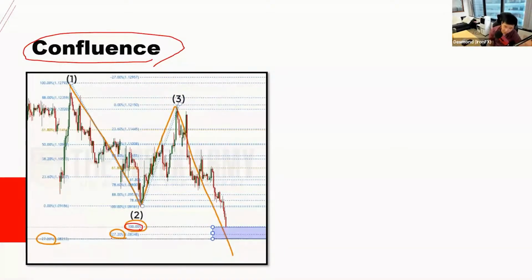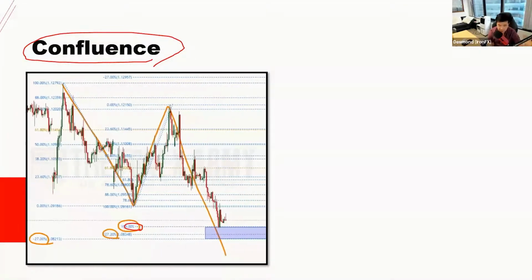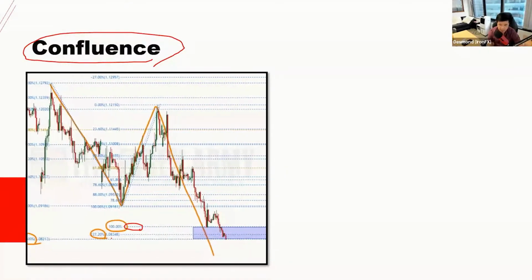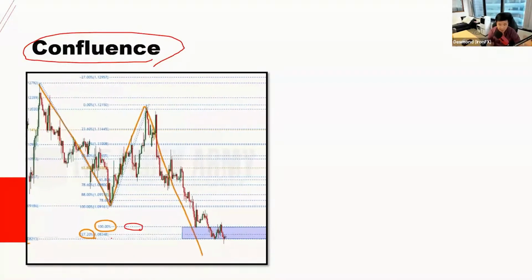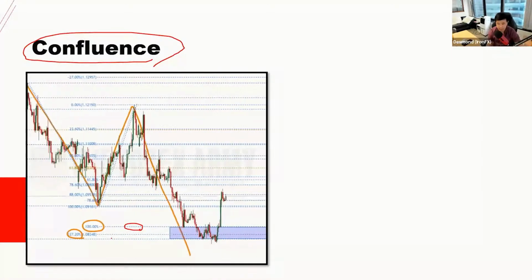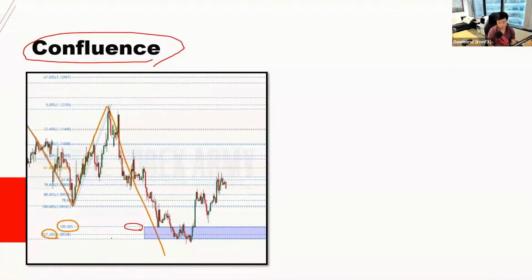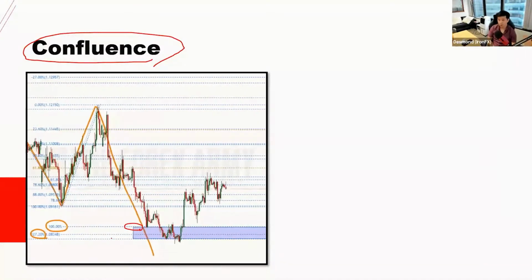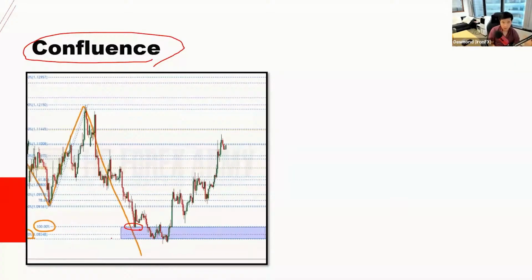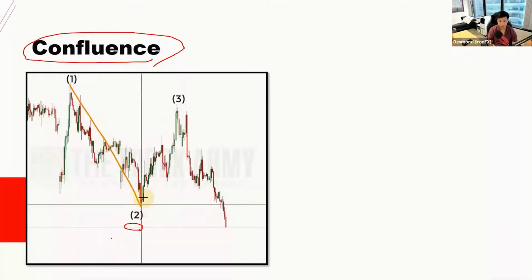So this is the meaning of confluence, right? You line all of them up together, it creates a nice area. And what happens is that when price tests that area, it tends to reverse very nicely, right? Because you have not only 1, but you have 2 and 3 reasons why price might bounce from that level. So that is the concept of Fibonacci confluence.